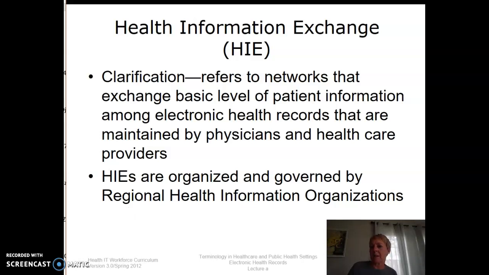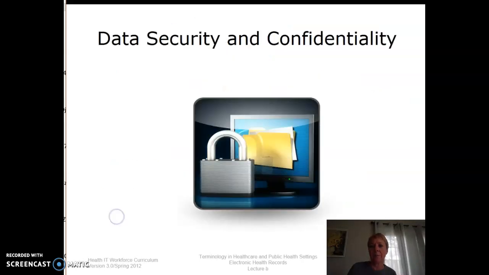That is the network that exchanges your basic level of patient information among the electronic health records maintained by healthcare providers. These are organized by agencies called Regional Health Information Organizations. If you want to know more about Iowa, just go to Regional Health Information Organizations for Iowa.